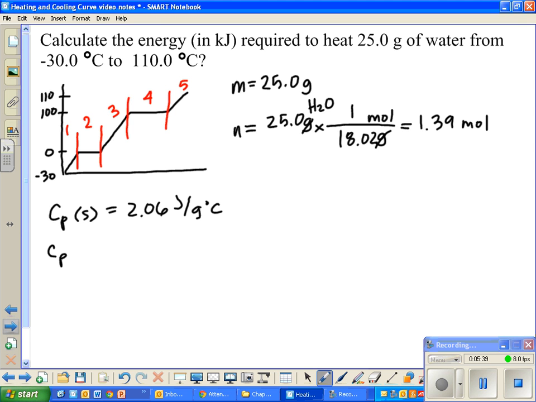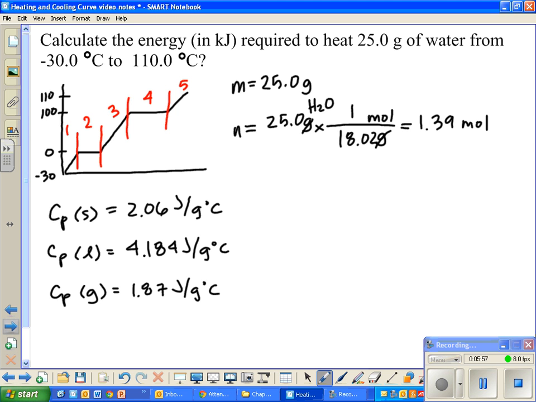The specific heat of a liquid, so in section 3, is 4.184 joules per gram degrees Celsius. And the specific heat of gas is 1.87 joules per gram degrees Celsius. And that would be section 5.